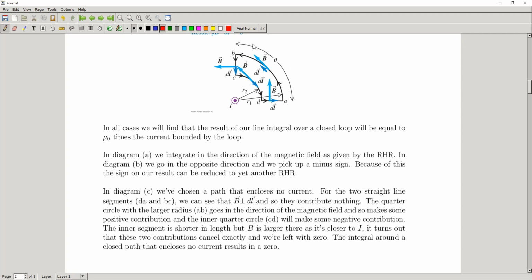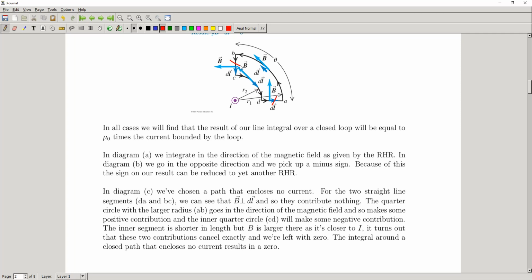But because we're running radially in both of these sections, our dl, our tiny little length segments, are everywhere perpendicular to B. So B is always perpendicular to dl on the line segment DA and on the line segment BC. Because of that, our B dot dl just goes to 0. So these sections contribute nothing. They're just going to add up to 0.